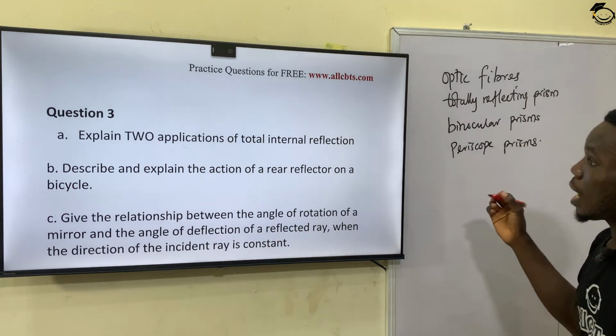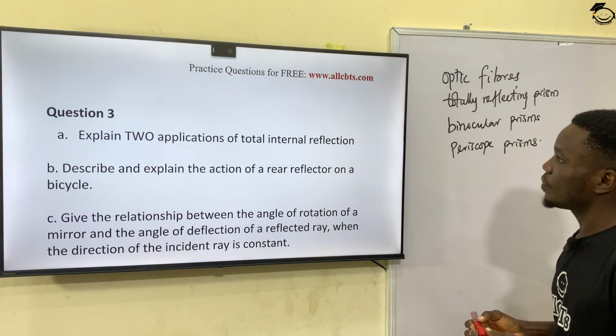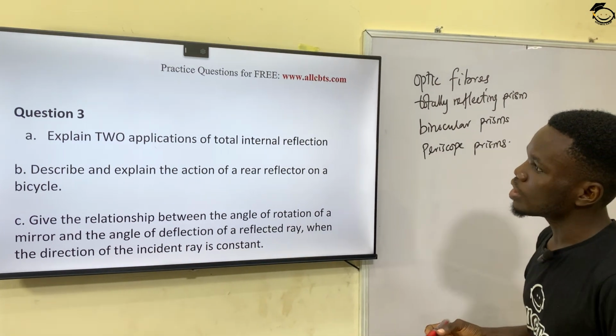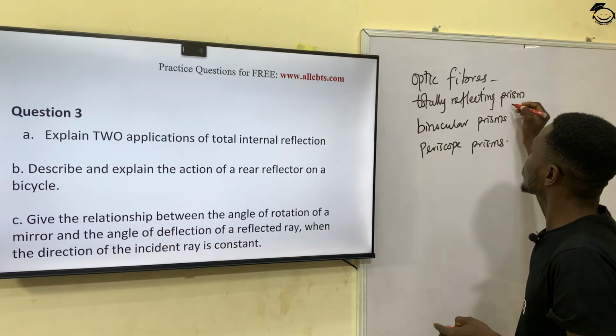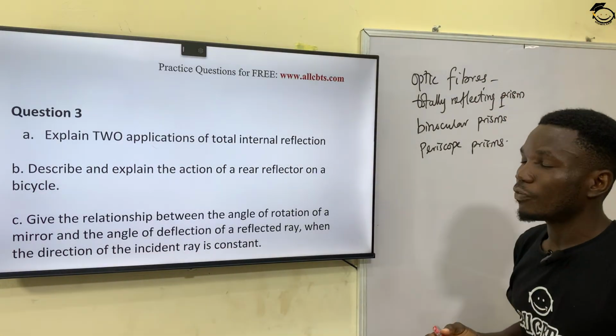We also have other applications. So the question says we should explain 2. So we're going to explain your fiber optics and your total reflecting prism.